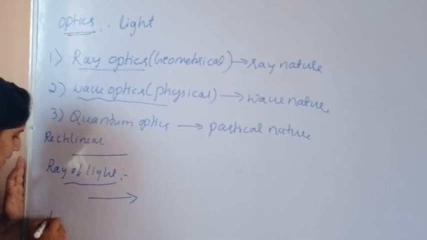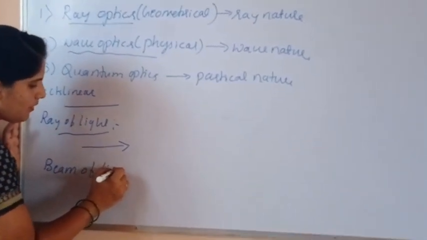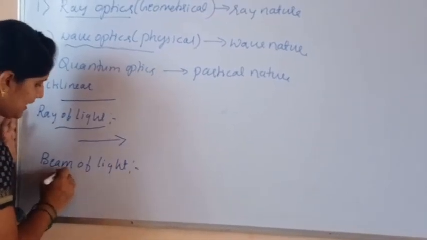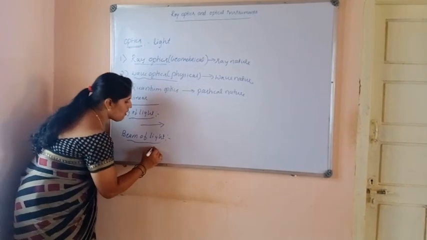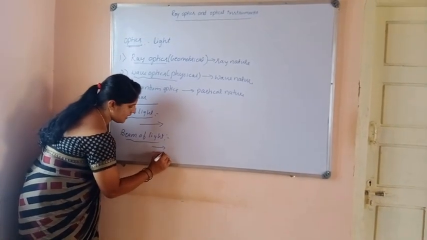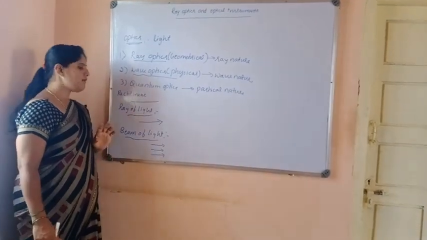Then what is a beam of light? A beam of light is the collection of rays, or bunch of rays, or bundle of rays.